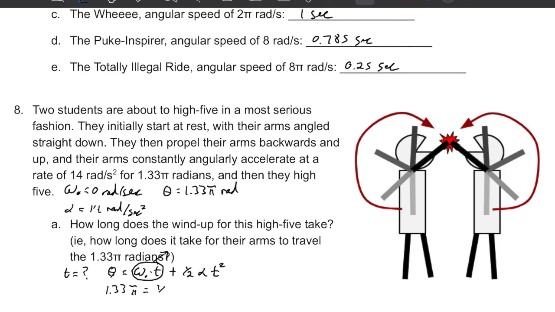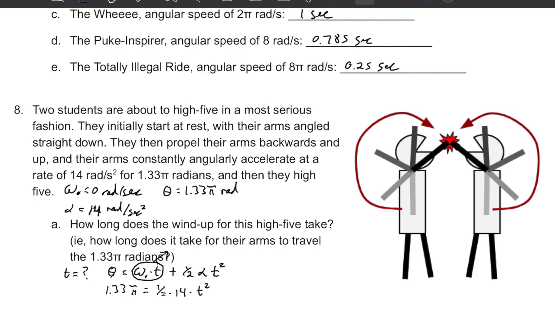And then I'm left with 1.33 pi is equal to 1/2 times 14 times time squared. And I'm going to be solving for t. So take my 1.33 times pi in my calculator. I like to hit enter so it registers the number. I'm going to multiply by 2 to move the 1/2 to the other side.